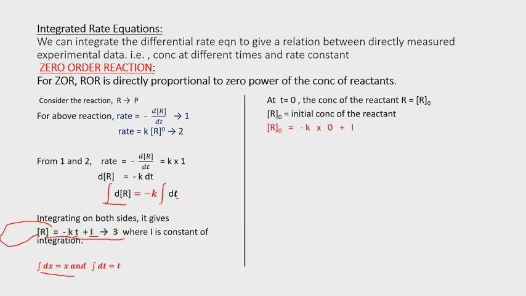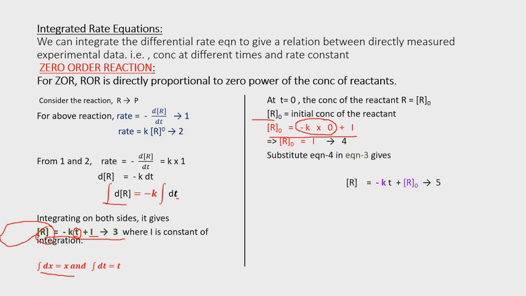So when t equal to 0, minus k into 0 is 0. At the same time, when t equal to 0, this r equal to r naught. So r naught equal to minus k into 0 plus I. So minus k into 0, it becomes 0. Next step. So r naught equal to I, because minus k into 0 is 0. So finally r naught equal to I.